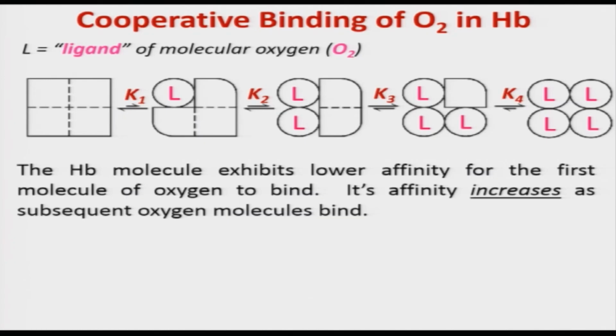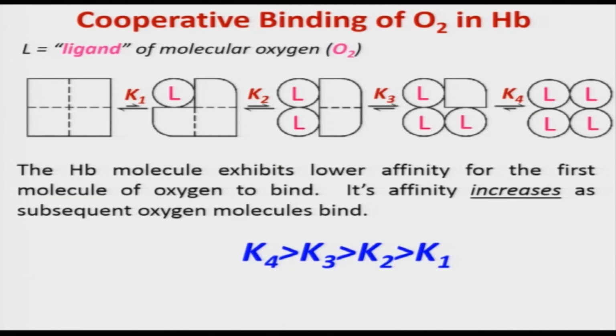The molecule exhibits lower affinity for the first molecule of oxygen to bind. Then its affinity increases as subsequent oxygen molecules bind to the iron centers, and as a result, the order of successive binding constants is completely reversed.